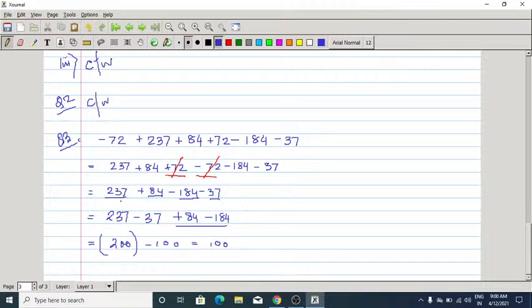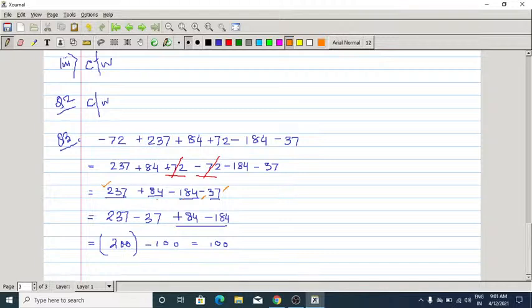Now when I am copying the numbers again, you can see that there is a pattern. What is the pattern? This is 237, this is only 37. So 237 minus 37 will be 200. But if this had been a plus sign, then I would have done it in the rough column because it is difficult to add this way. But minus is easy. So I got 200.